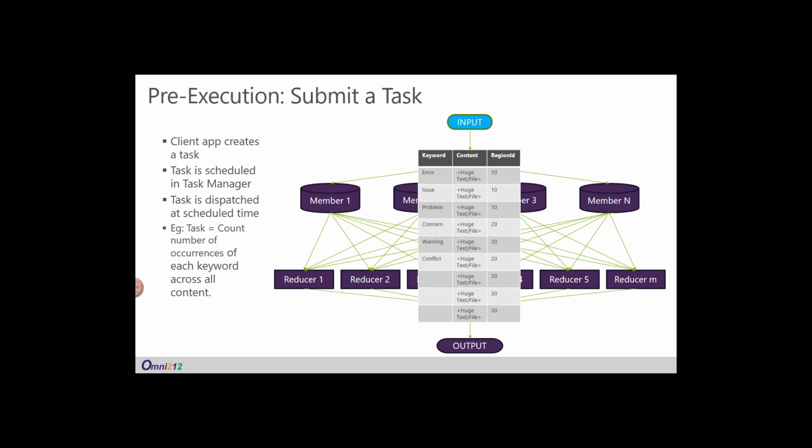In this example, we are going to start with a large file or set of files that contain messages. Each message may contain 0 or more occurrences of the specified keywords in the list, including errors, issues, problems, concerns, warnings, contexts. These are some of the keywords which are available in the file. These are actually log files, the data which we are taking as an example.